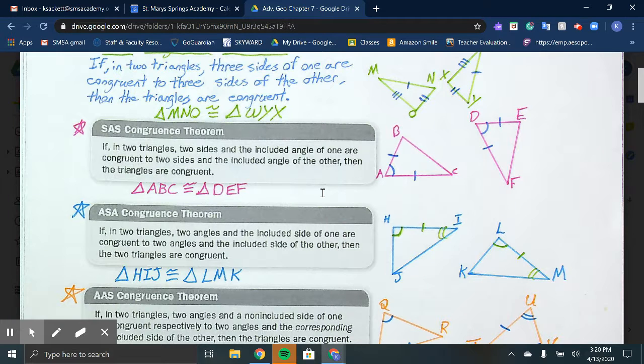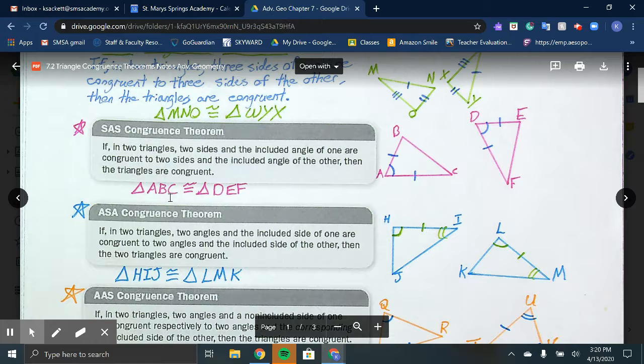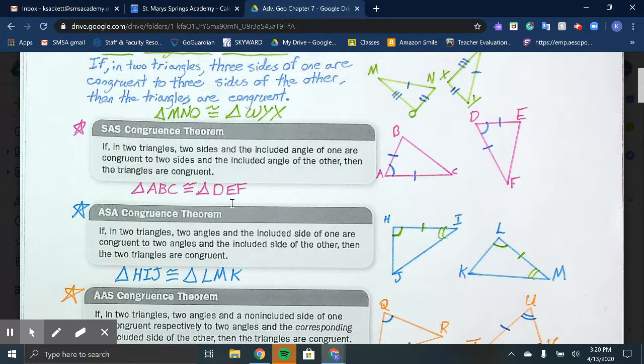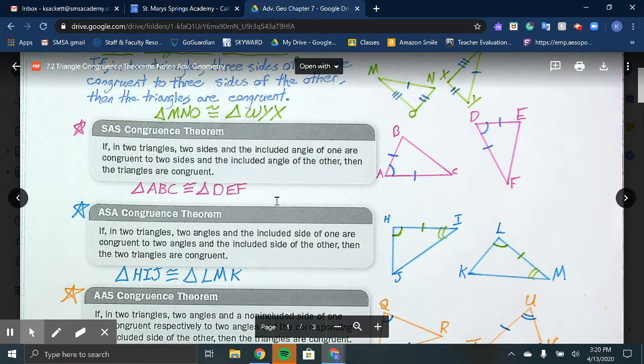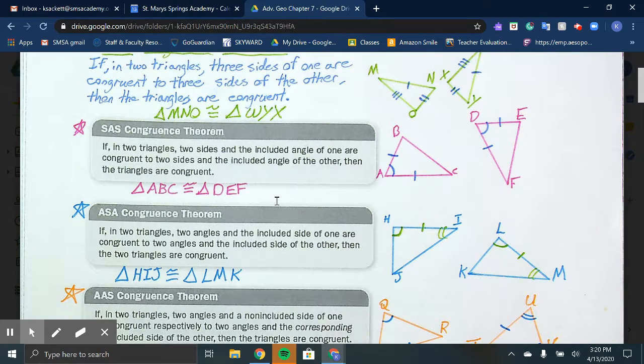So remember, an included angle is the angle that is in between the 2 sides or the vertex of those sides. So if we look, side AB and side AC have the included angle of A. So in this case, side angle side, triangle ABC is congruent to triangle DEF. And again, this piece right here is simply known as a congruence statement.